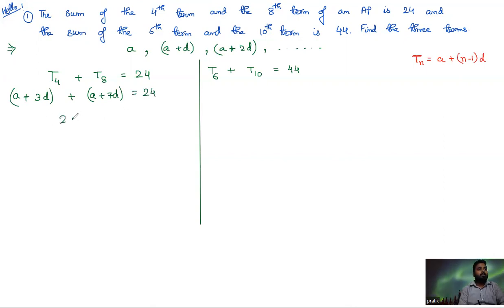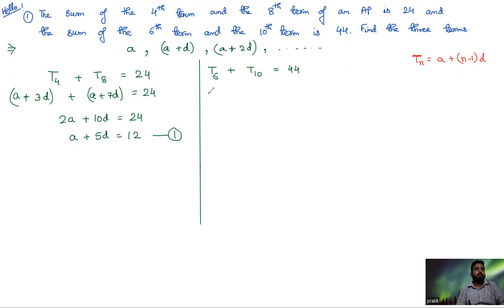When I simplify this, it is 2A plus 10D equals 24. So A plus 5D is nothing but 12, because 2 is common. That's my first equation.